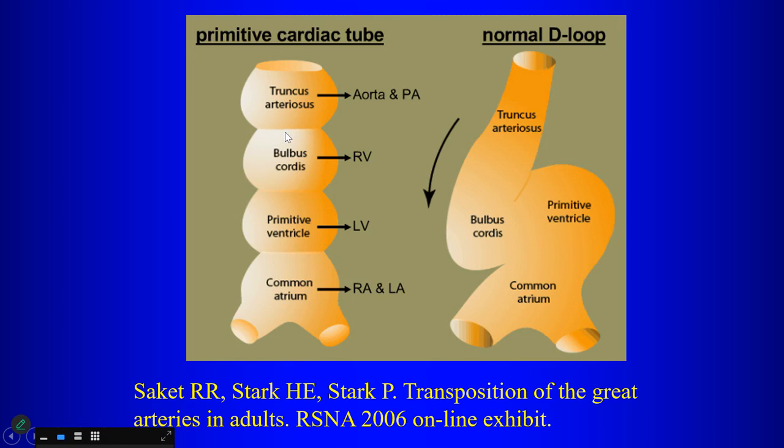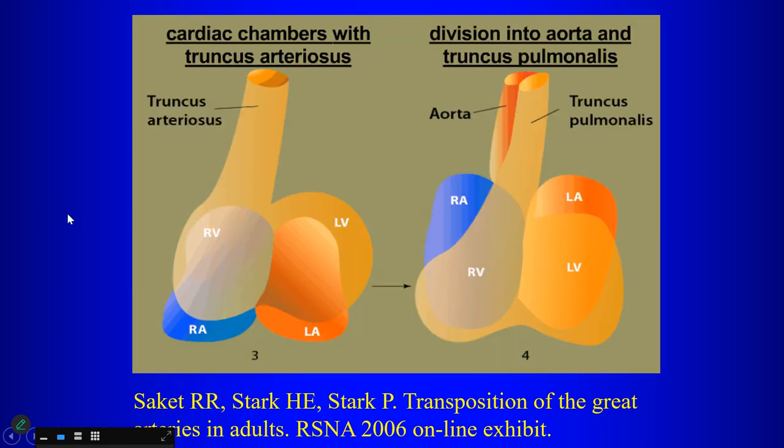Now, in most cases, normally, this will loop to the right, okay? So you'll see that the bulbus cordis winds up here. Remember, the bulbus cordis forms the right ventricle, and the primitive ventricle, which forms the left ventricle, winds up there, right? And the atria will continue on to wind up behind it.